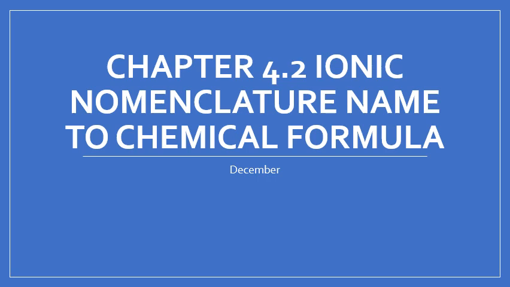All right, hi guys. So this is going to be our second video of nomenclature for ionic bonding. Last class we turned the chemical formula, so something like NaCl, into the name sodium chloride. Today we're going to be doing the reverse.